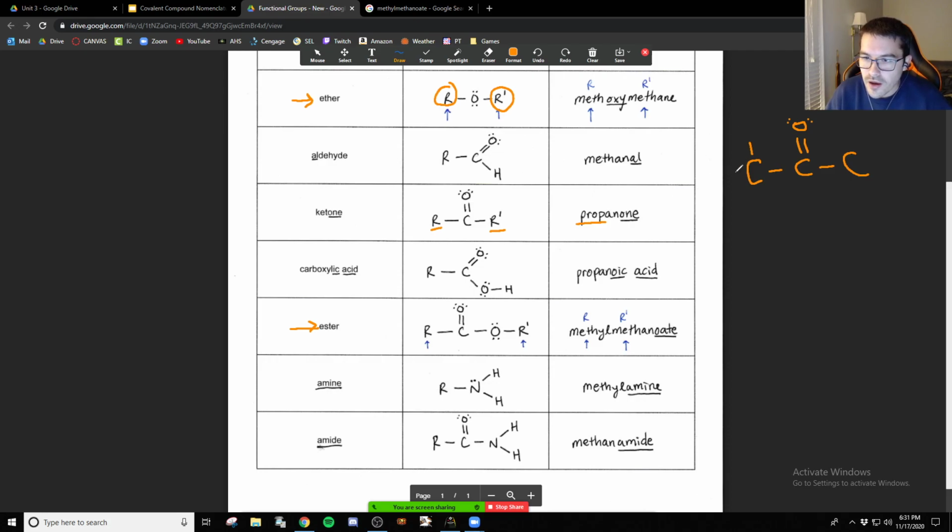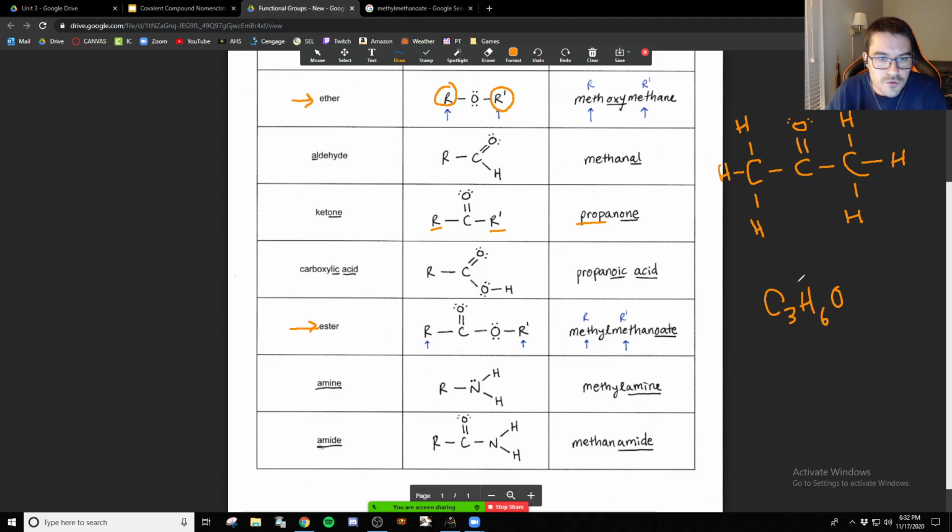And then I can tack on my hydrogens here, 3 for each carbon, and we arrive at the structure for propanone, also known as acetone. So the formula here is C3H6O.